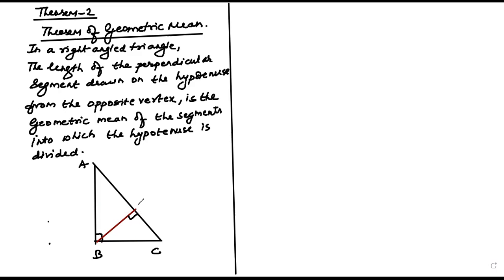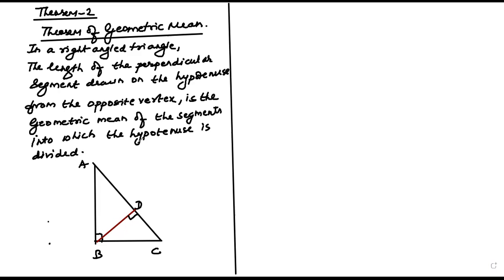You can see here, BD is a perpendicular segment drawn on the hypotenuse from its opposite vertex. Whenever you see this condition, it should come to your mind that the length of this perpendicular segment is the geometric mean of the segments into which the hypotenuse is divided.